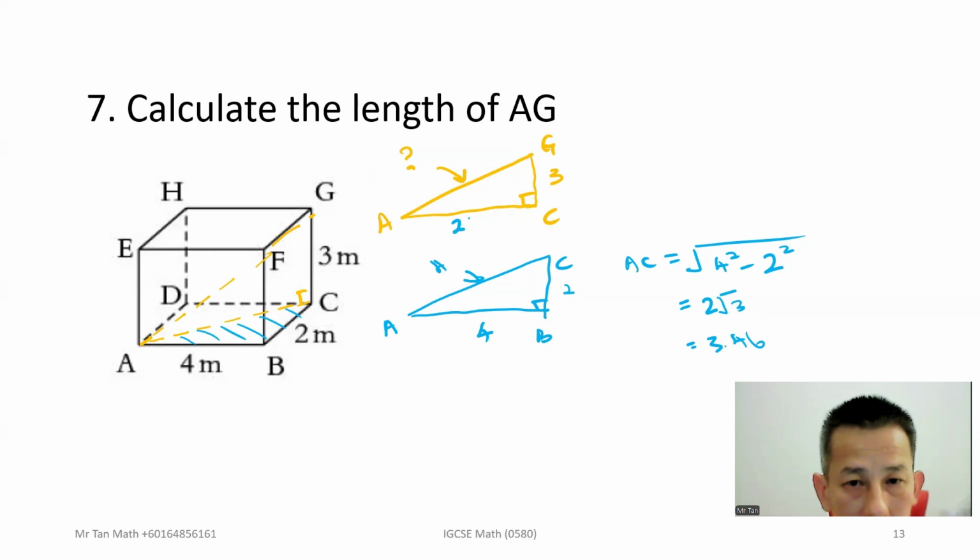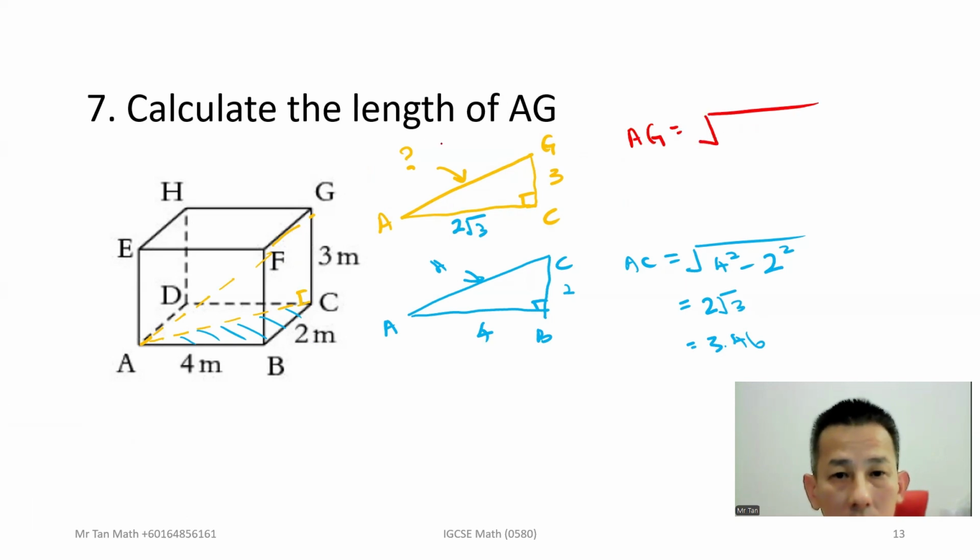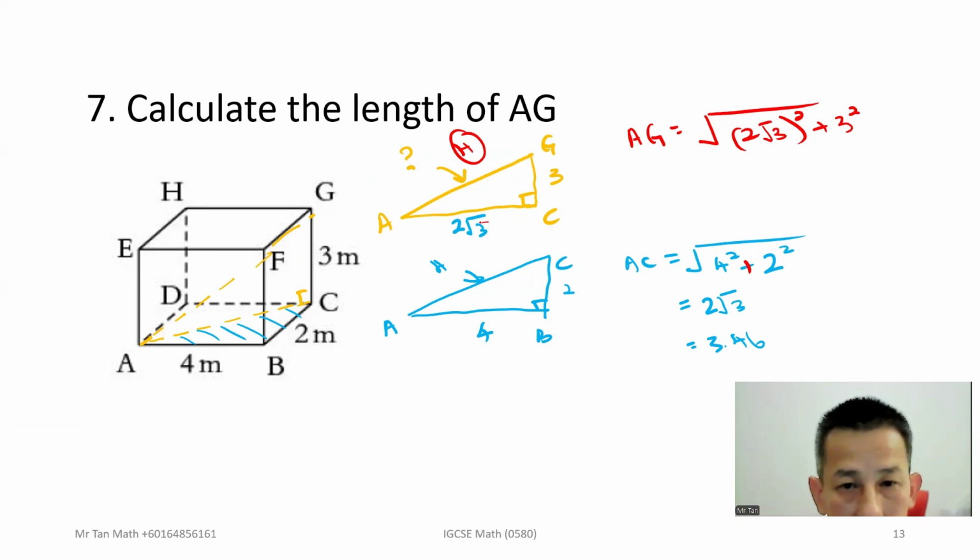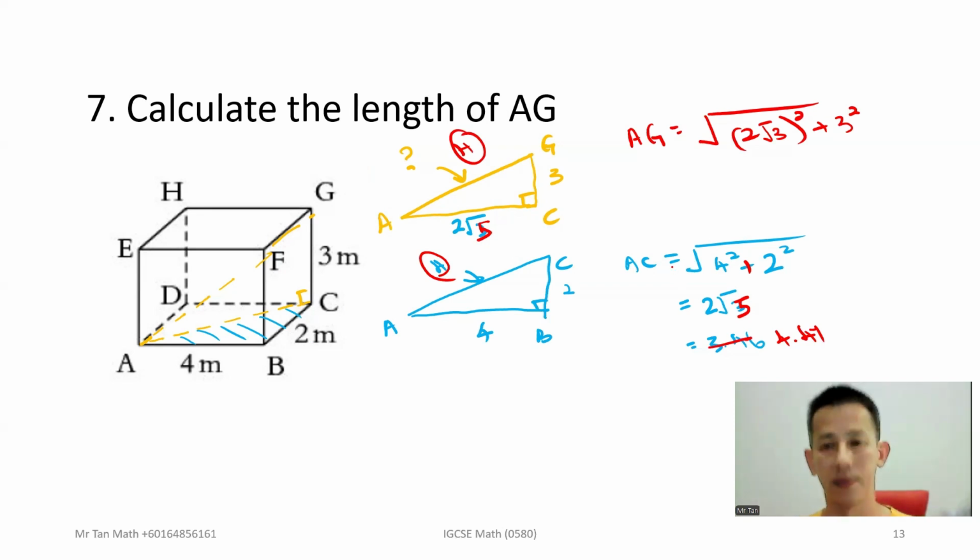Now you can calculate AG. This is again a hypotenuse, therefore plus. Sorry, my mistake. It's important to find where's the hypotenuse, because for hypotenuse you plus. If not, then you minus.